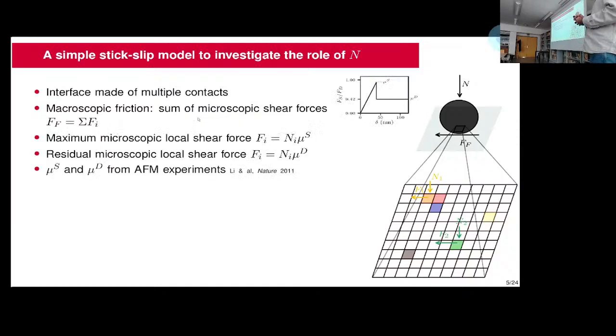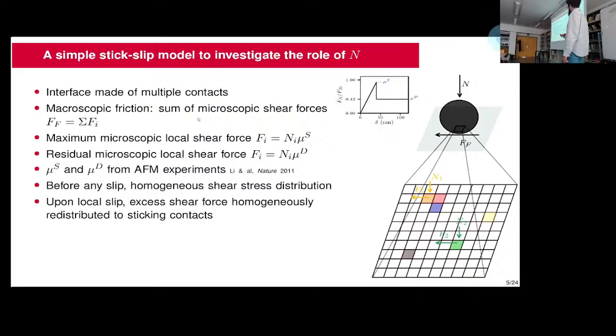To describe the behavior of each discretized contact, we assume that they will follow the microscopic friction behavior that was measured in atomic force microscopy experiments. So that's the curve we have here. And basically, we just prescribe a static friction and the dynamic value of the microscopic behavior. When we load the system, we consider that any shear force is just distributed homogeneously on the contacts.